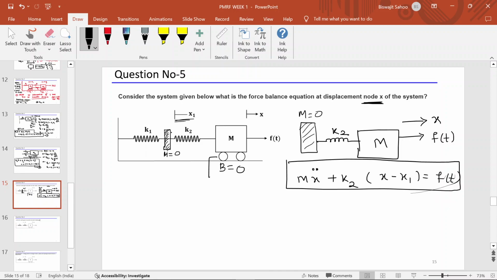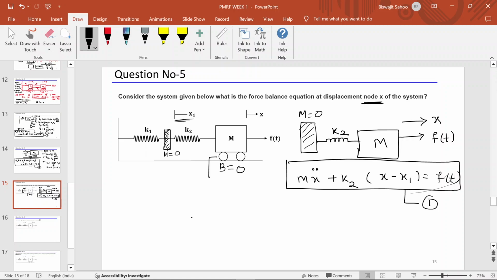The first equation is the free body diagram at mass m.